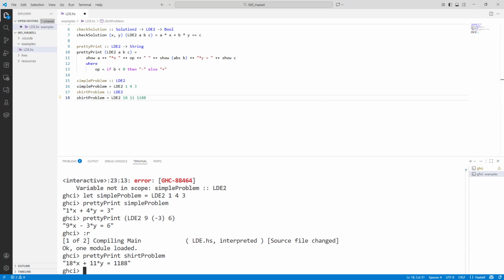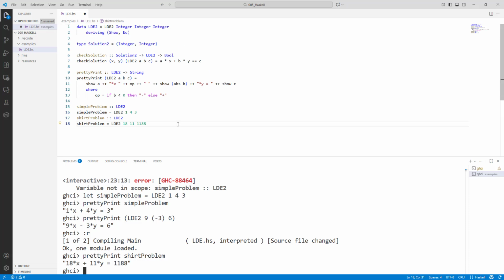So now it is probably time to recap. Let's take a look at what we did today. We introduced something in Haskell. We took a real-world puzzle about shorts, which wasn't really fancy. We kind of brute forced it, but we made a function in Haskell that actually checks our brute forced solution.